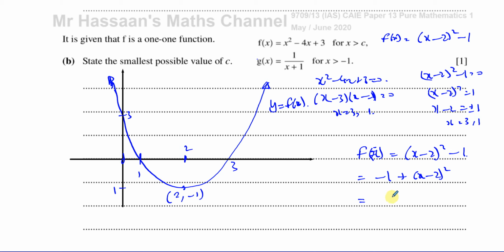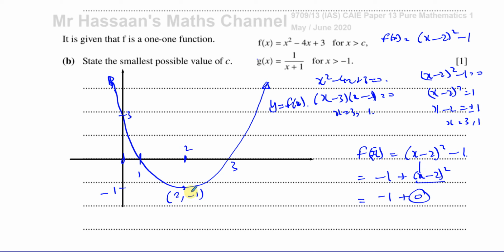So it's always going to be minus 1 plus something. So the graph will always be above minus 1. The lowest it can ever be is when you have minus 1 plus 0. Now, how does this thing become 0? When x equals 2. That's why 2, minus 1 is the vertex, which is the minimum point of this graph.